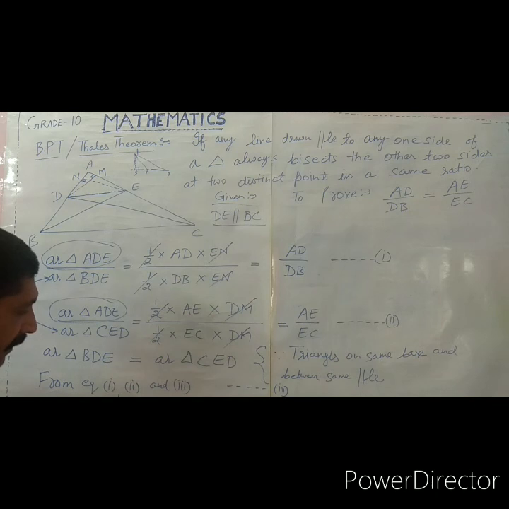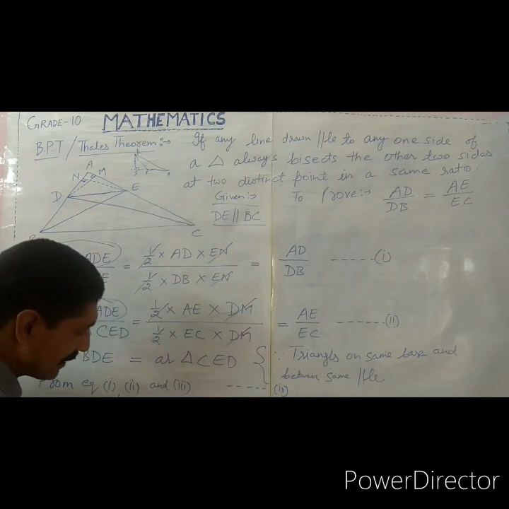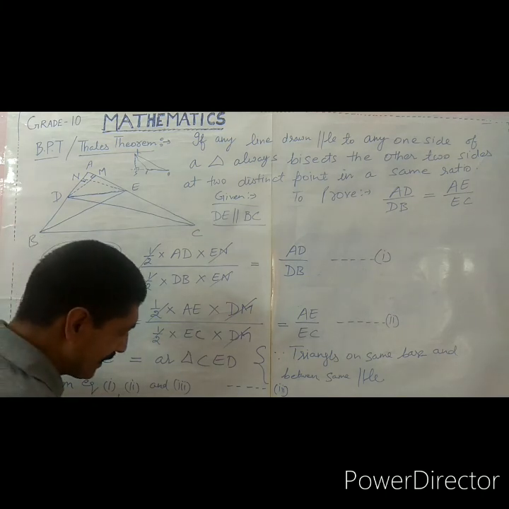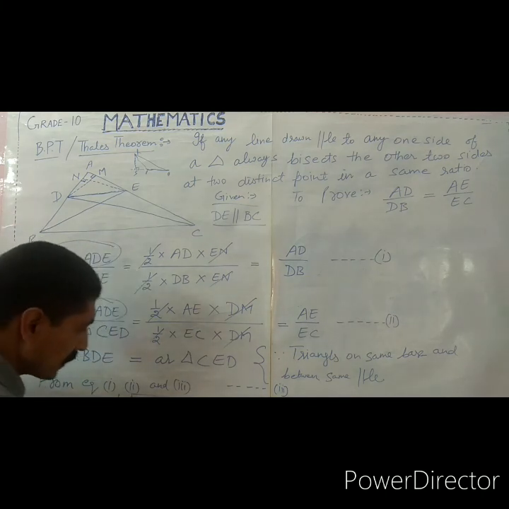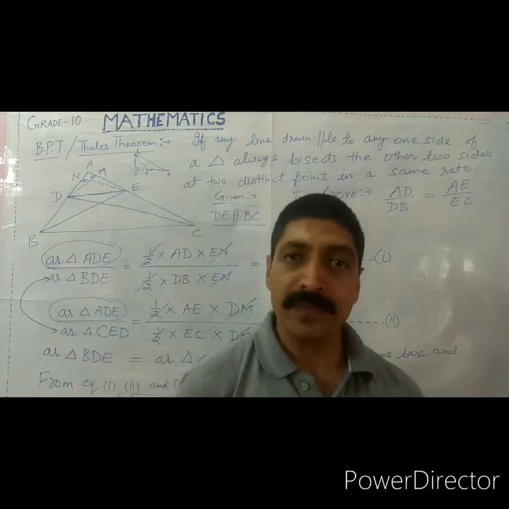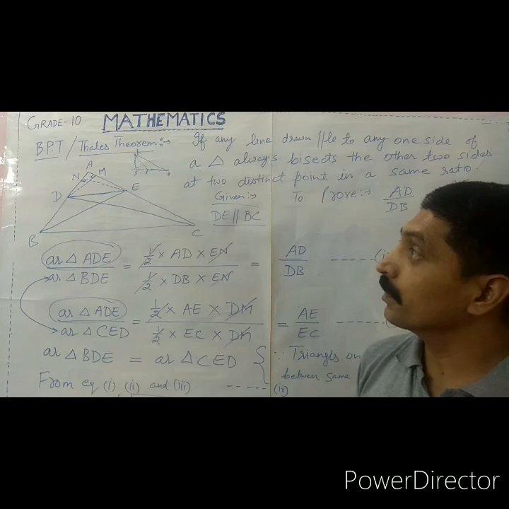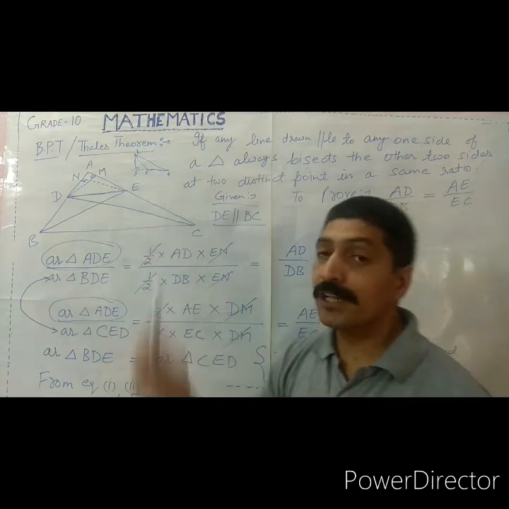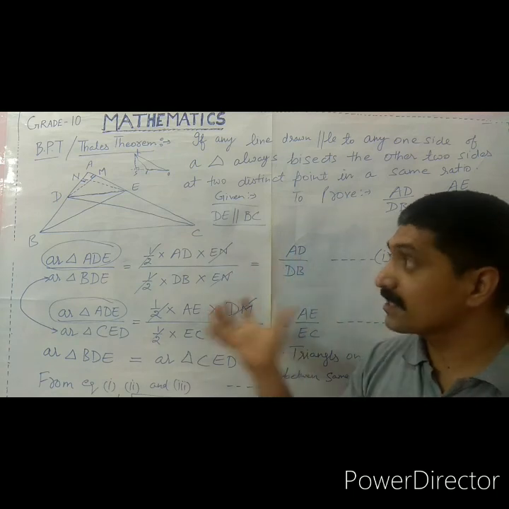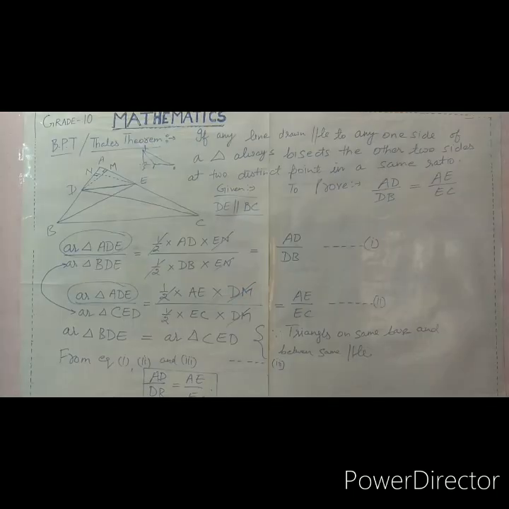So we have AD upon DB is always equal to AE upon EC. So this is a very important theorem, basic proportionality theorem, popularly known as Thales Theorem. This is the main basis of this chapter.